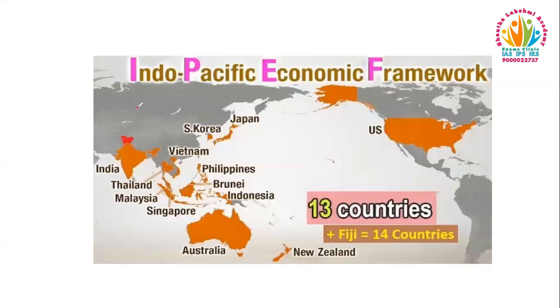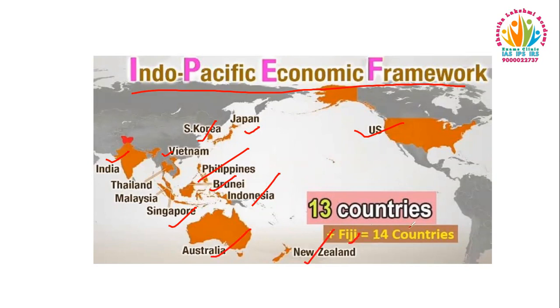Under the Indo-Pacific Economic Framework, we have 14 countries as its members. They are the US, India, then Thailand, Malaysia, Vietnam, Singapore, Philippines, Brunei, Indonesia, South Korea, and Japan, Australia, and New Zealand, plus Fiji.